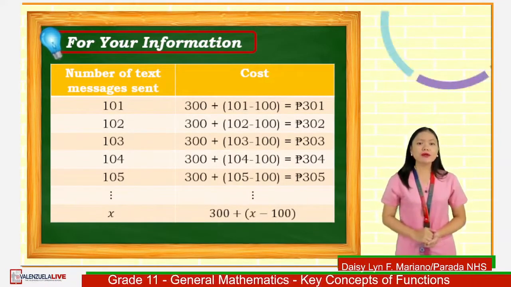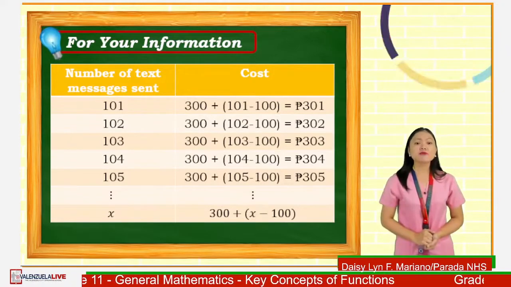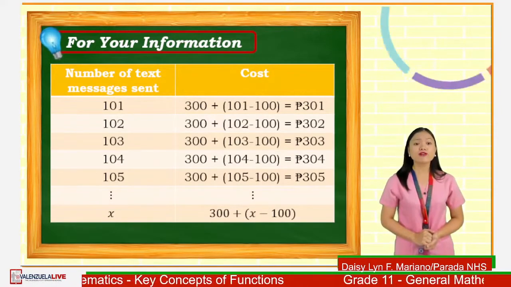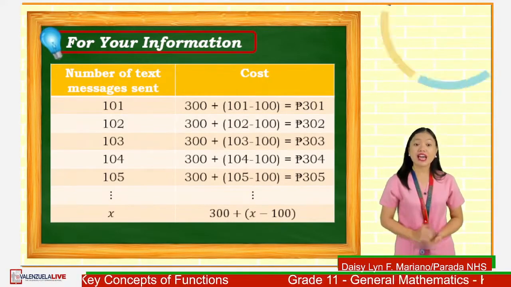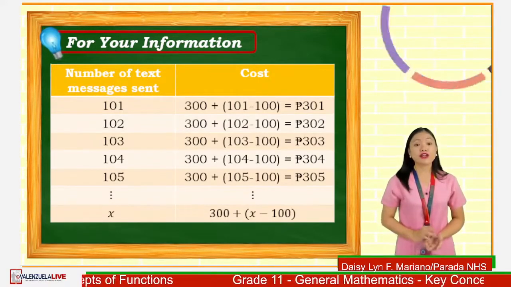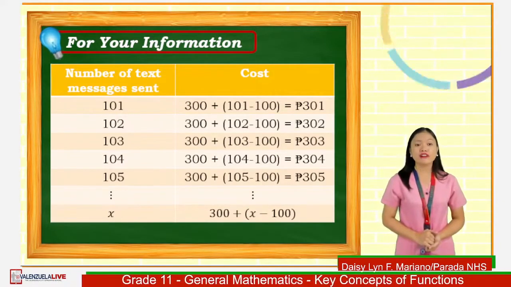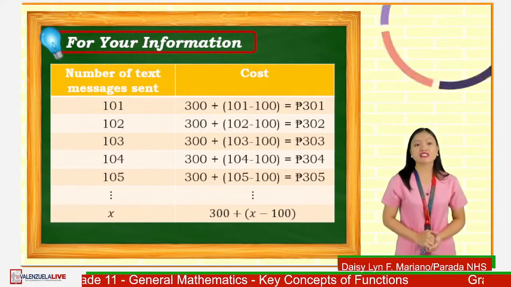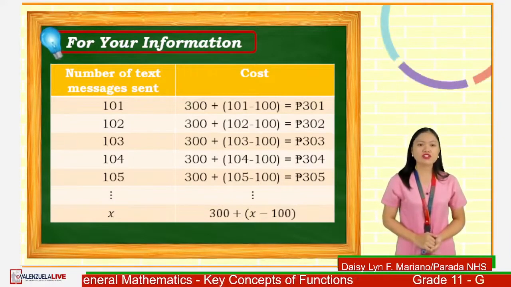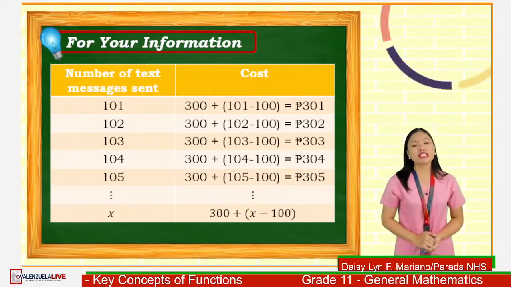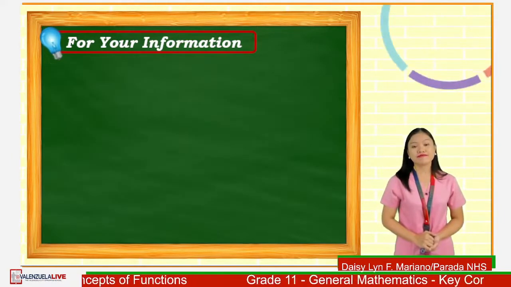Observe that the number of exceeding messages is computed by subtracting 100 from the total number of text messages sent. Hence, if there are x messages sent, there are x minus 100 exceeding text messages. Thus, the cost for this will be 300 plus the quantity x minus 100.